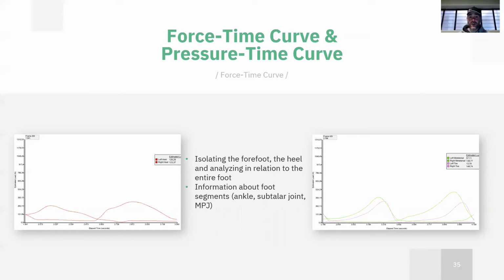You can isolate the forefoot and the heel, and analyze them in relation to the entire foot, obtaining information about different foot segments, the ankle, the subtalar joint, and the metatarsophalangeal joint.